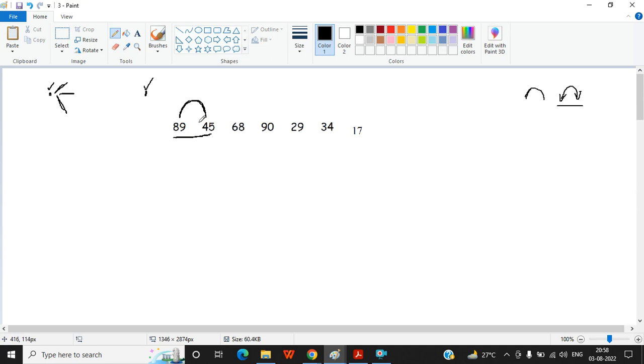89 is greater than 45, meaning 45, the latter one, is smaller. So if the latter one is smaller, what I told you is to interchange it. If you interchange it, it will become 45 and 89.